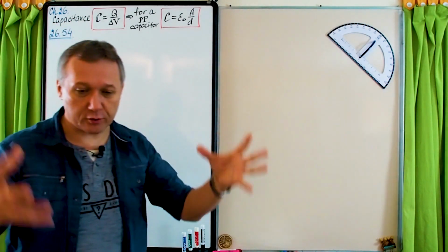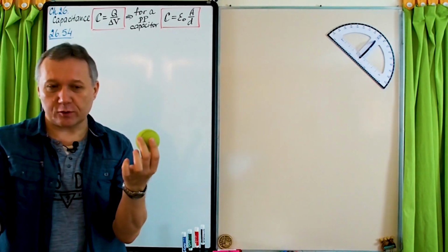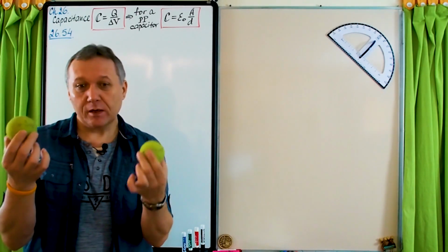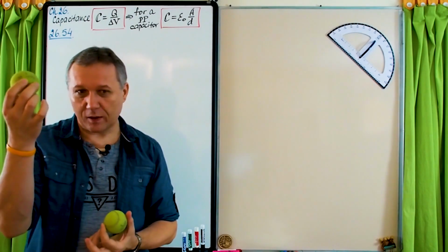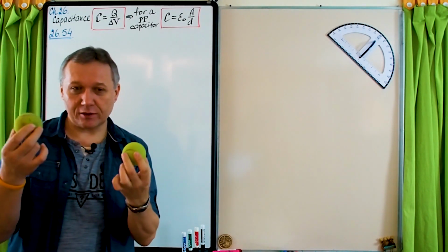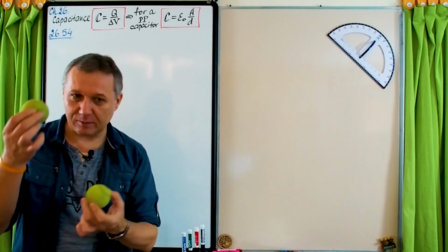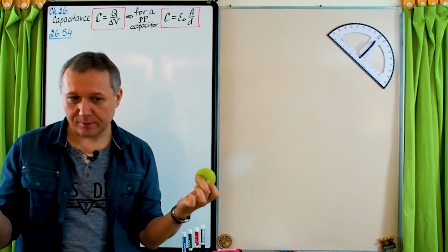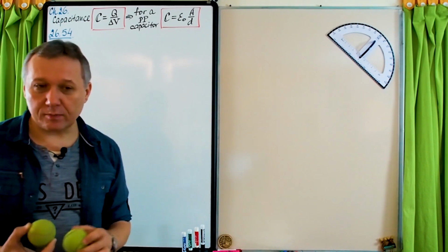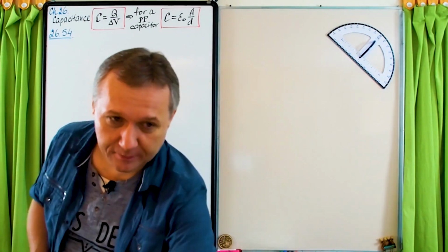If you have two electrodes, one positively charged, one negatively charged, take the absolute value of the charge of one and divide it by the potential difference between the electrodes. That number is exactly the same if you don't change the geometry of the system. That ratio is what we call the capacitance.